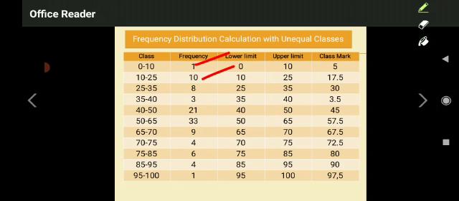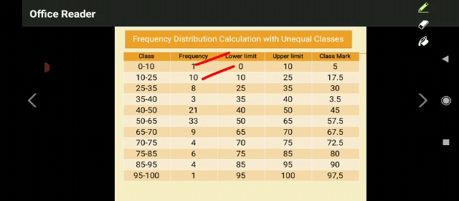Here it is 10 to 25. Because of that there is a change in the frequencies. So frequency observations depend upon the classes we are taking. If it is inclusive or exclusive method, frequencies are more or less equal. When we are calculating the same frequency distribution with the help of unequal classes, frequencies change.